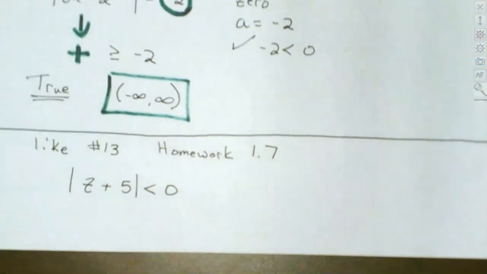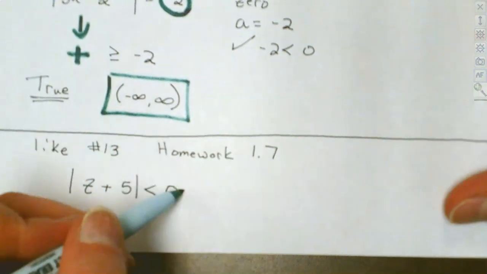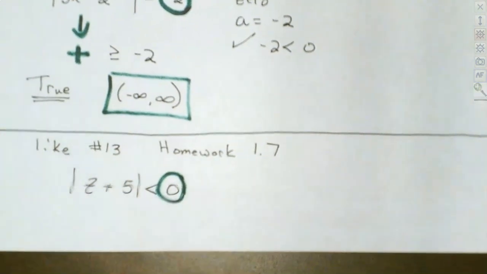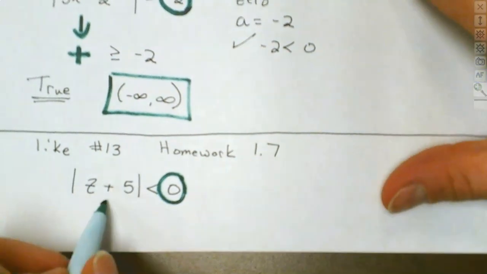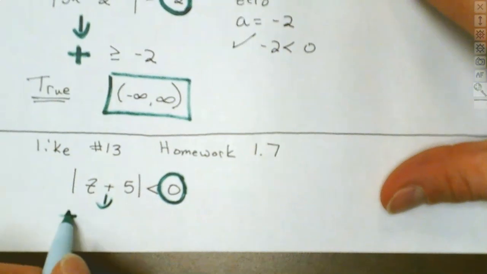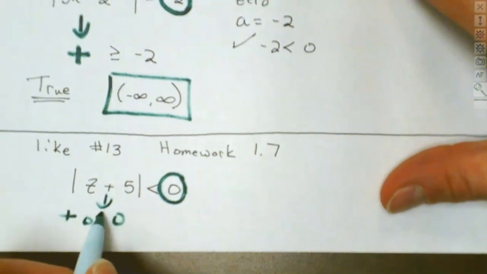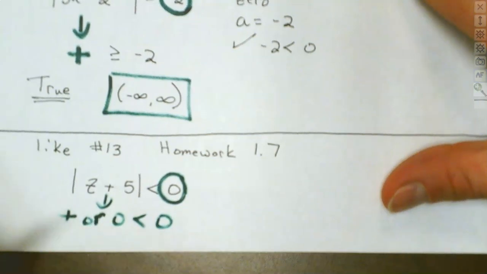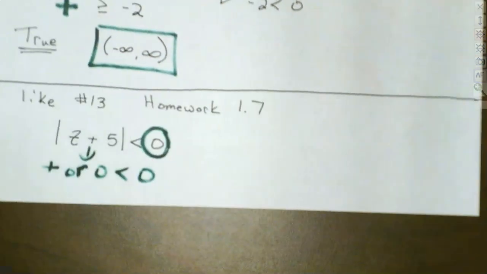I just changed it to a different variable. Notice that 0 again. What do we know about absolute values? They're positive or 0, right? It would make a difference if it had the underscore bar, but it doesn't.